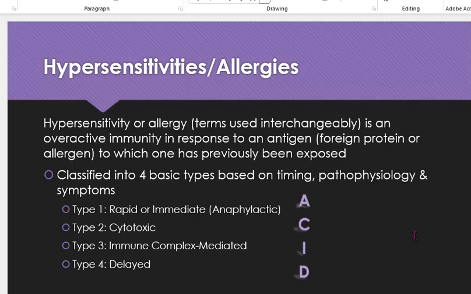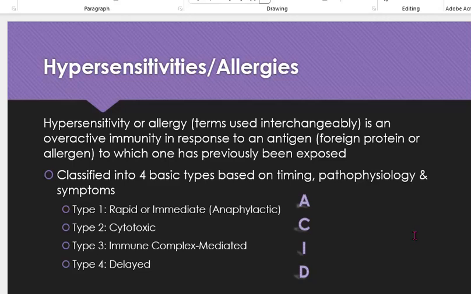The last one is type 4 hypersensitivity reaction. This is also called delayed type hypersensitivity reaction. This occurs 12 to 72 hours following exposure. Following exposure, sensitized T lymphocytes respond by releasing chemical mediators and triggering macrophages to destroy the antigen.